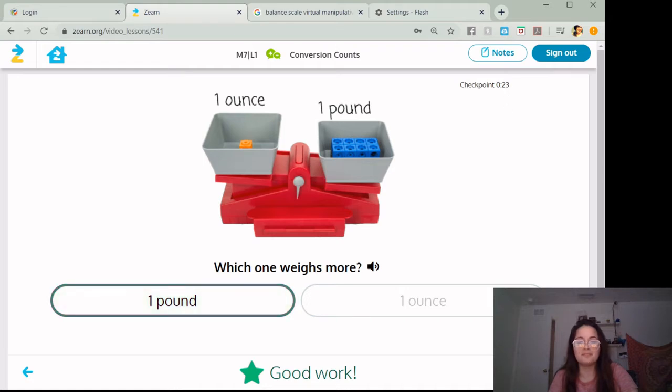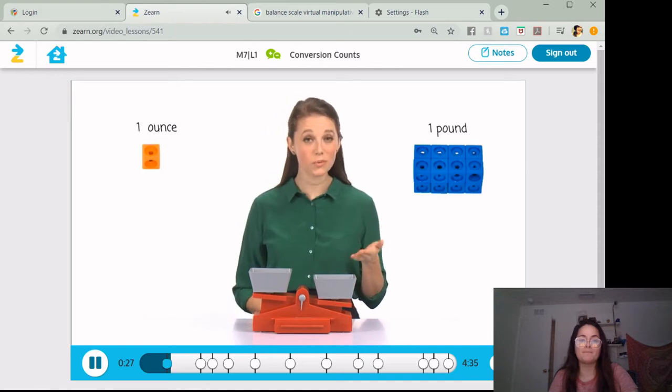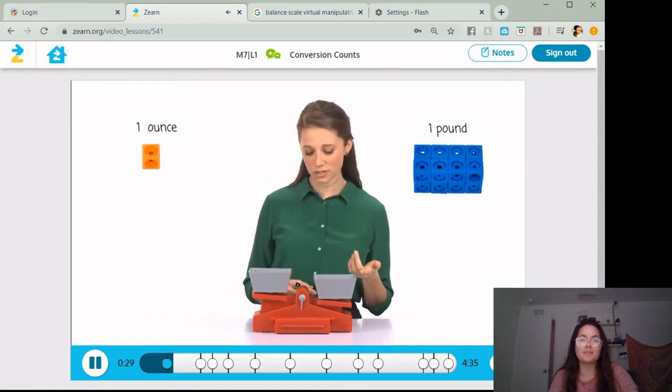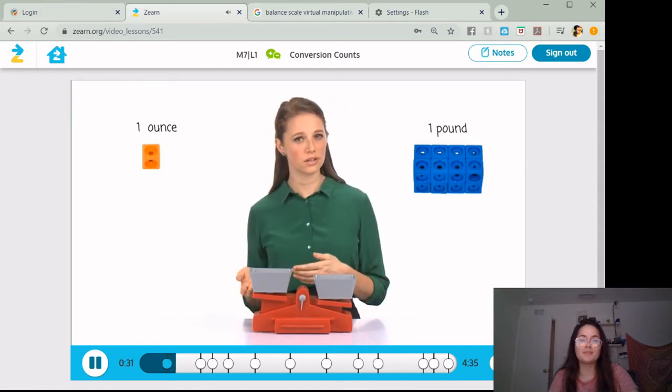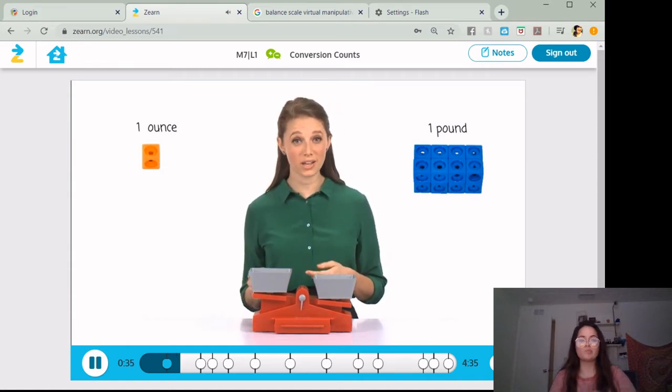And we're correct. When I added the 1 pound weight to the scale, this side went down. So the pound must weigh more than the ounce. To find out how many ounces are in 1 pound, I'll add 1 ounce weights to this side until the scale is balanced.